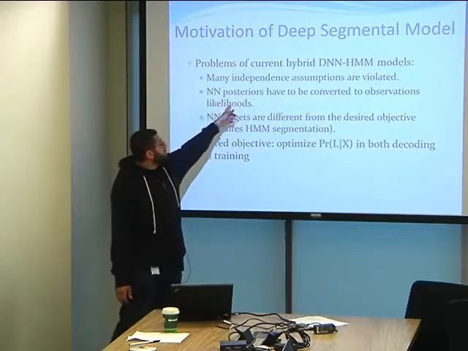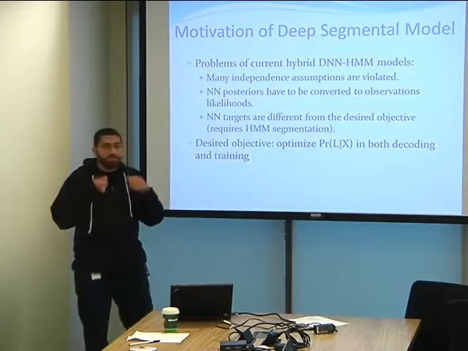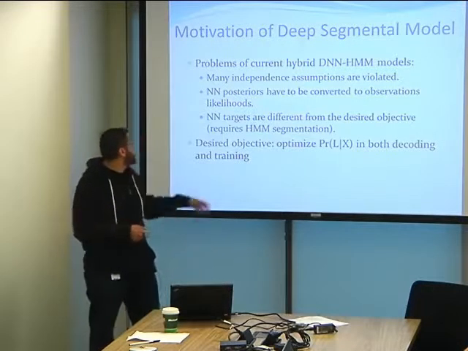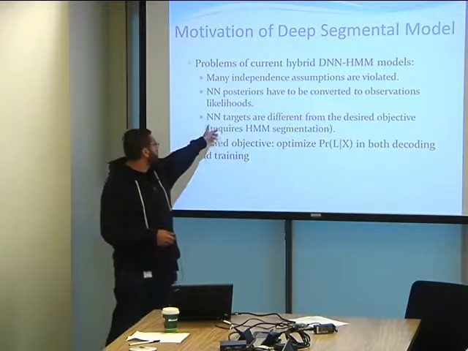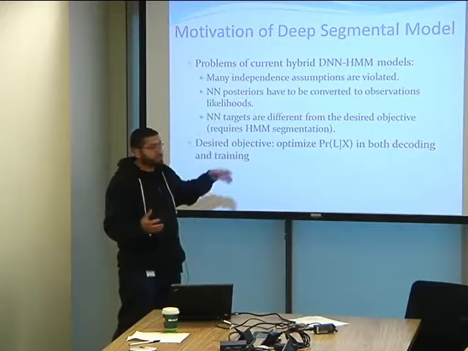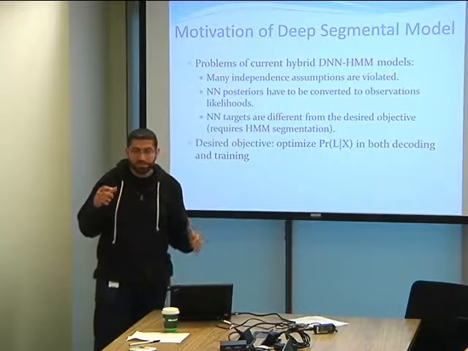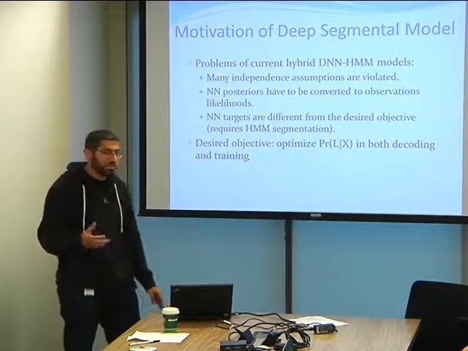And the posteriors of the neural network have to be converted to likelihoods, then fed into a generative model. The neural network training targets are different from the desired objective, which is the label's posterior probability over the whole sequence or the word error rate.